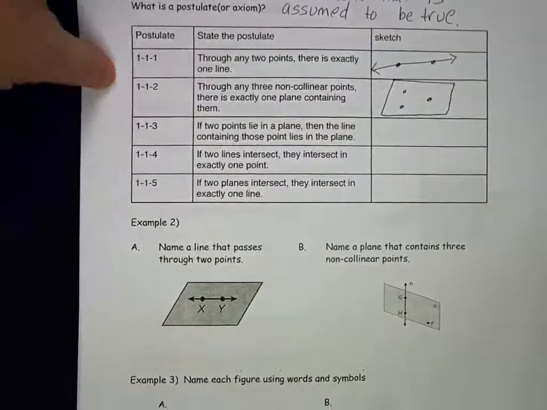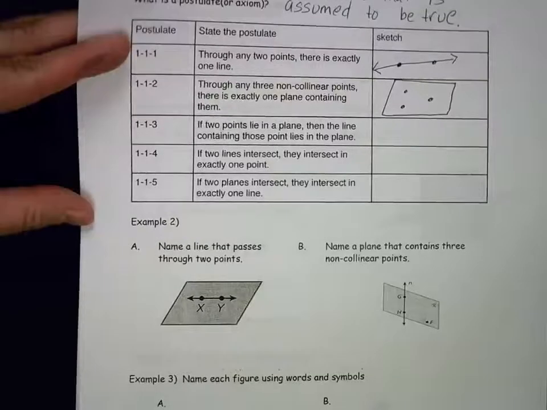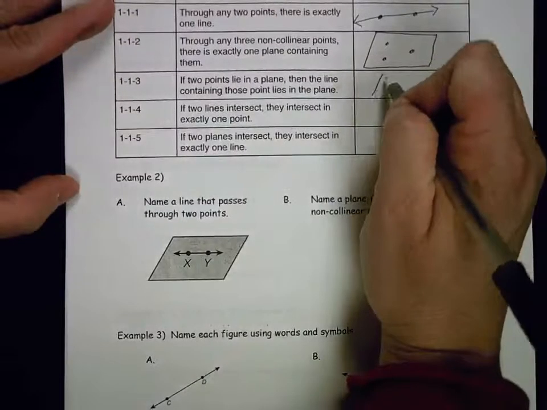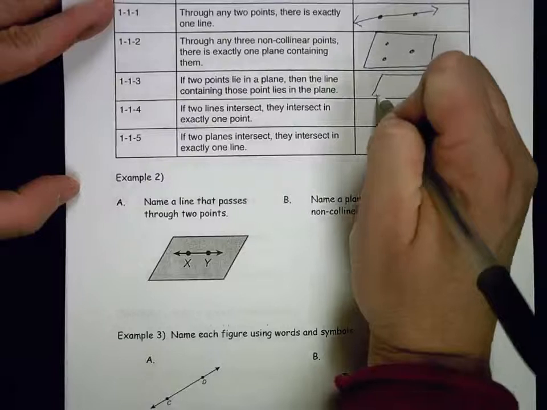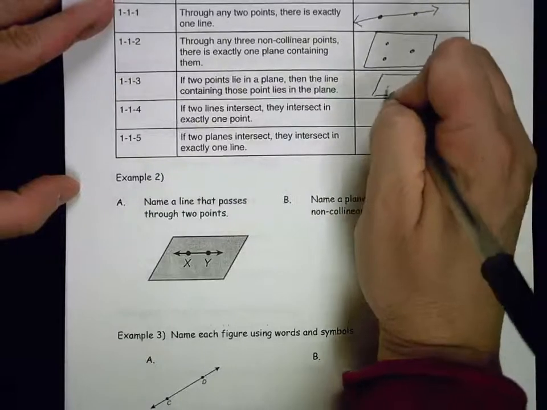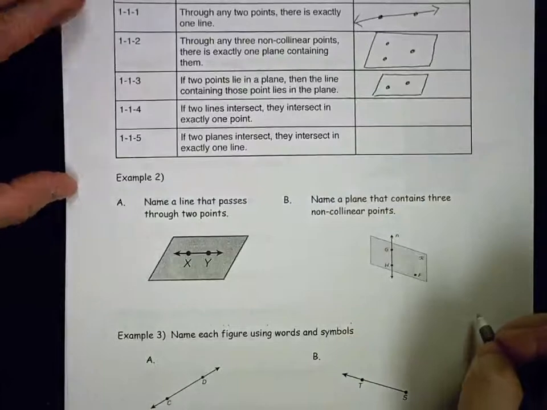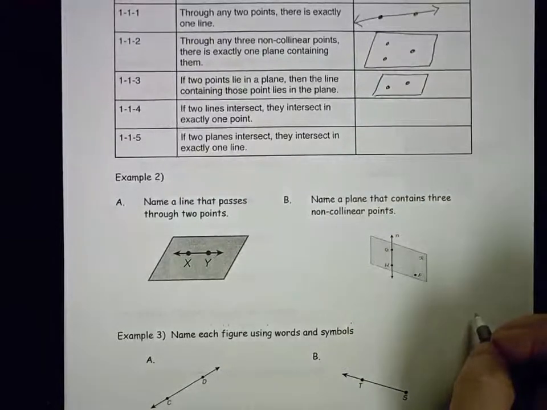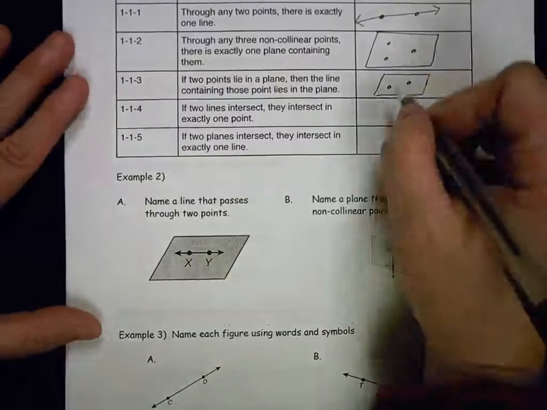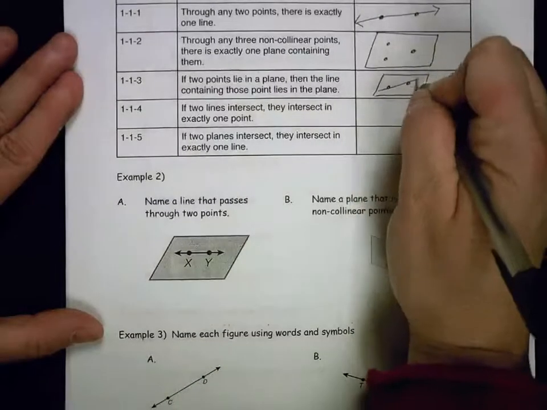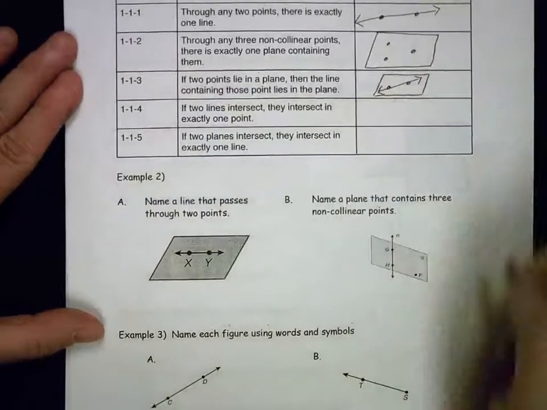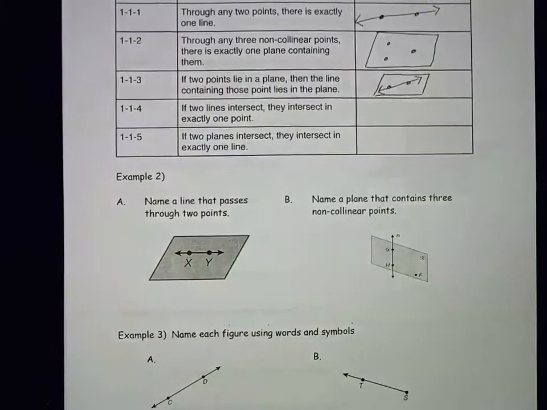Postulate 3, if 2 points lie in a plane, so here's our plane, and we have those 2 points. If 2 points lie in a plane, then the line containing those points lies in the plane. So that line right there is also in the plane.